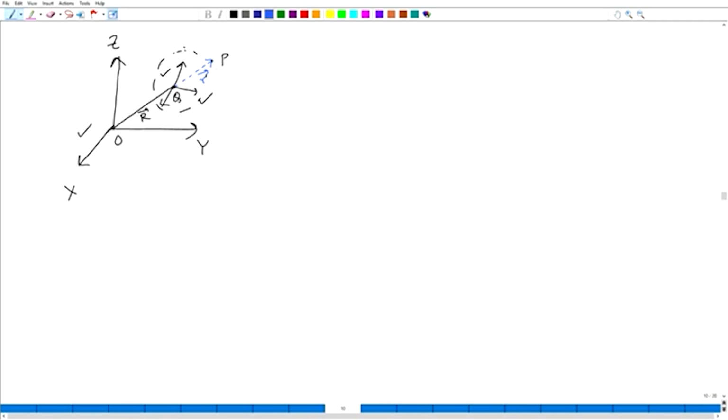And we want to actually find the second order derivative of this small r vector with respect to time. Okay. That will give us the acceleration of P with respect to this non-inertial frame of reference. Okay. I can draw a third side to complete the triangle. So, I can actually make the triangle a little bit better.